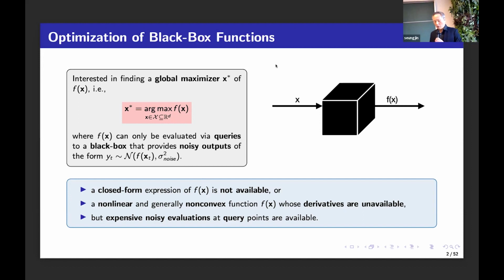In most cases, the evaluations require huge money and time, so we are not able to evaluate the function value frequently. That is known as very expensive noisy evaluations at query points. Under this scenario, we would like to find the global maximizer of f of x. So this is not typical numerical optimization.